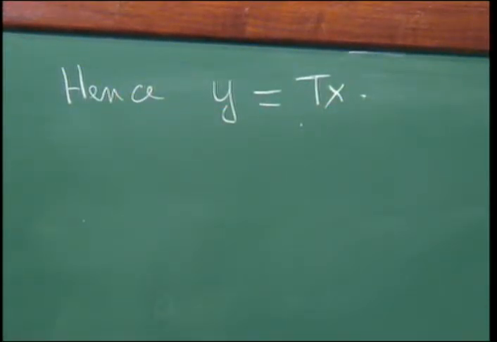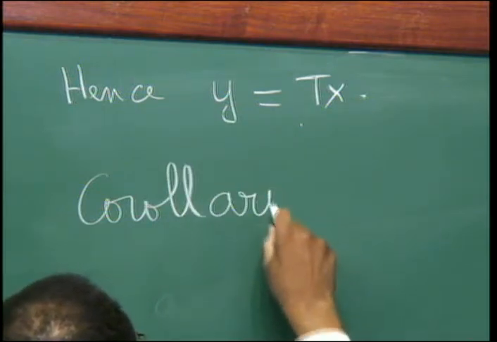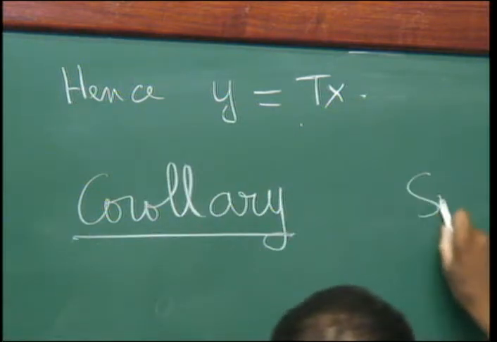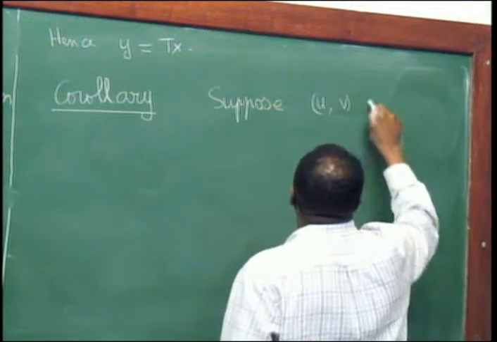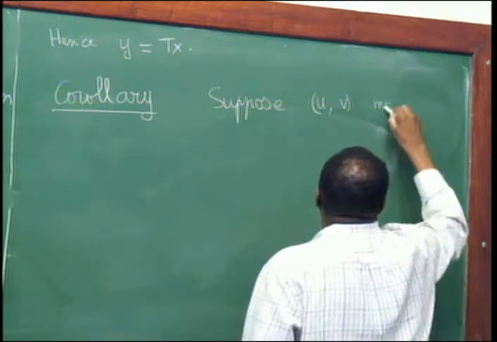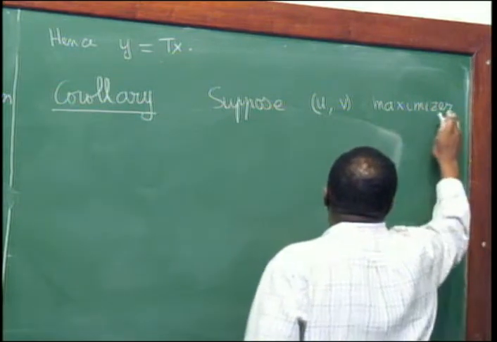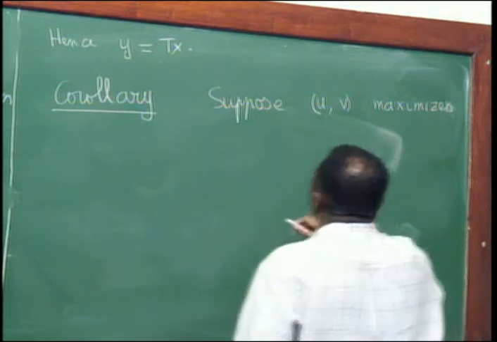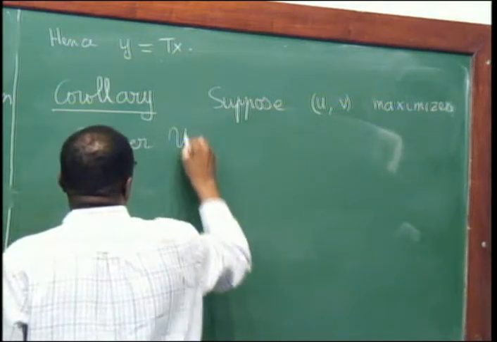Corollary. Suppose U, V is in UC, maximizes J over UC.